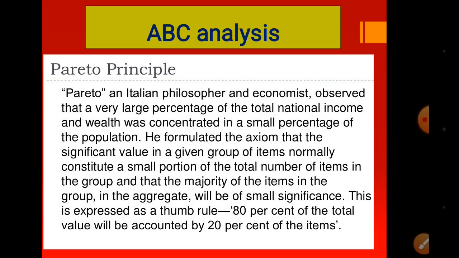He formulated the axiom that the significant value in a given group of items normally constitutes a small portion of the total number of items in the group, and that the majority of the items in the group in the aggregate will be of small significance. This is expressed as a thumb rule: 80% of the total value will be accounted for by 20% of the items.